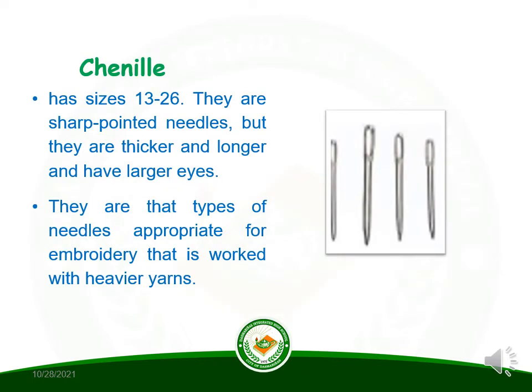Chenille has sizes 13 to 26. They are sharp-pointed needles, but they are thicker and longer and have larger eyes. They are the types of needles appropriate for embroidery that is worked with heavier yarns.